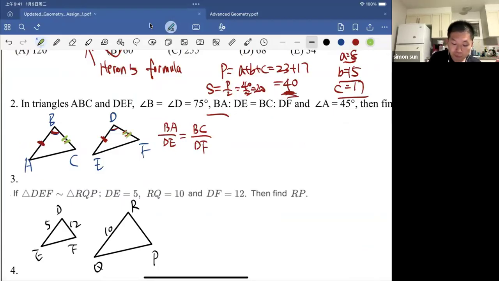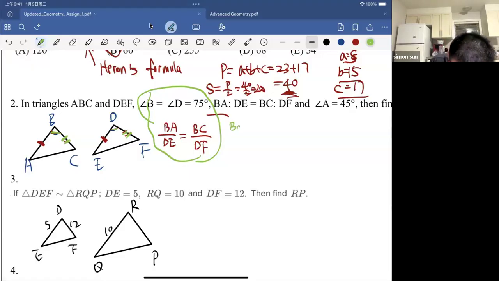Now, based on the given information, this is SAS. The two sides are proportional, and the included angles, angle B and angle D, are also equal.